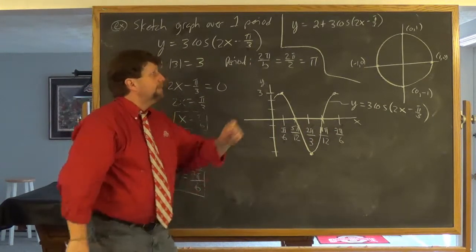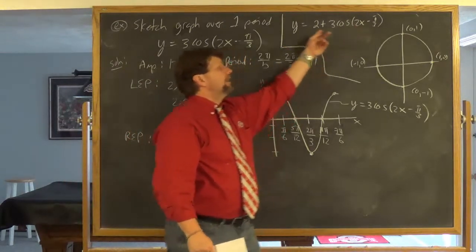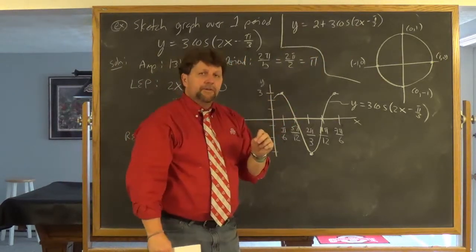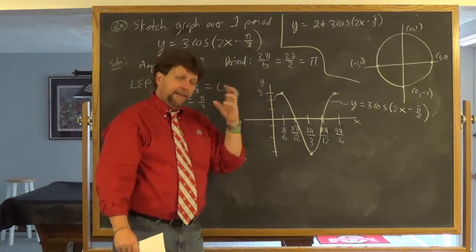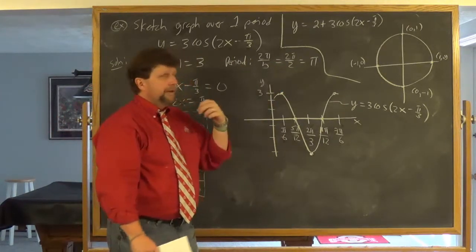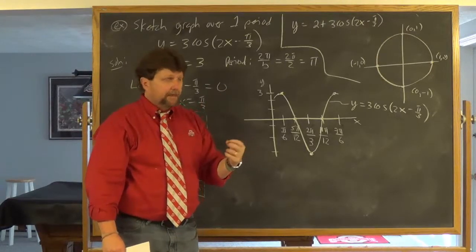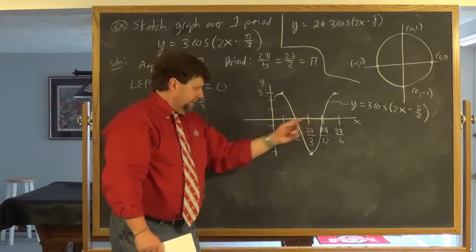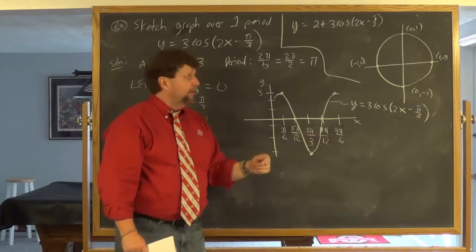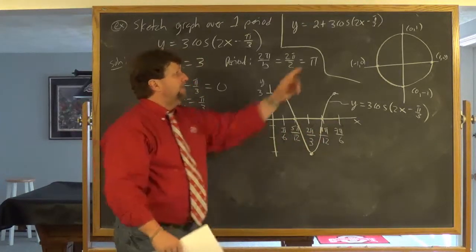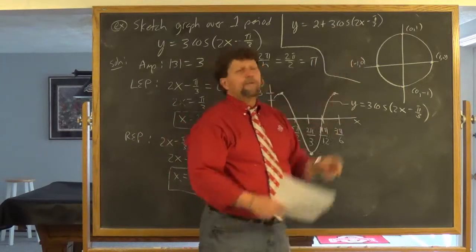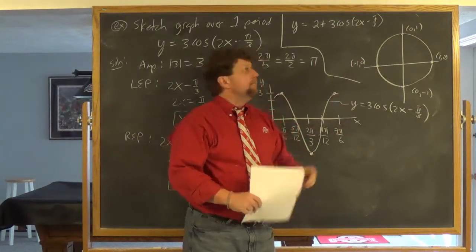And here's why. If I'm asked to graph this function, here's what I'm going to do. I'm going to find the amplitude. I'm going to find the period. I'm going to find the left endpoint of one period, the right endpoint of one period, midpoint, first quarter point, third quarter point. Basically I'm going to start off by graphing the 3 cosine of 2x minus pi over 3.